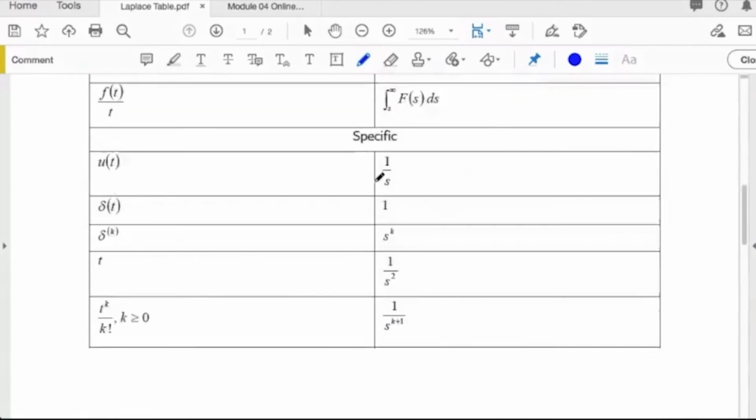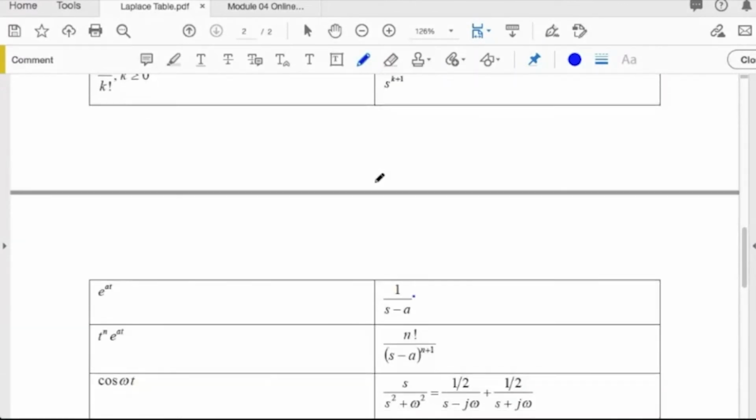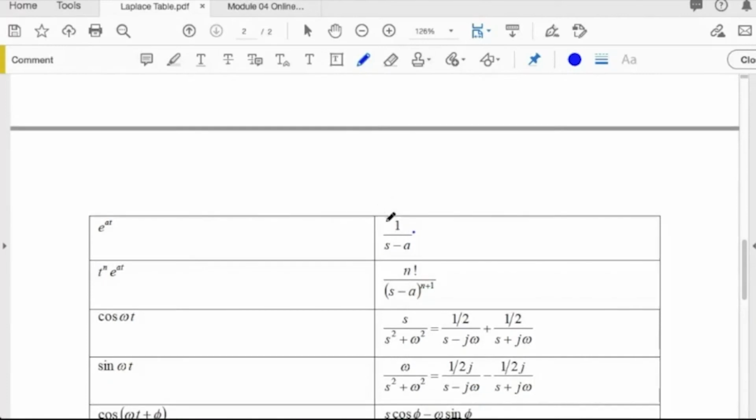So we try to find our function just now, which is 1 over (s plus 2), isn't it? That form is similar to this one, where our a is equal to negative 2. So when we transform into time domain, it will be equal to e to the power of negative 2t.